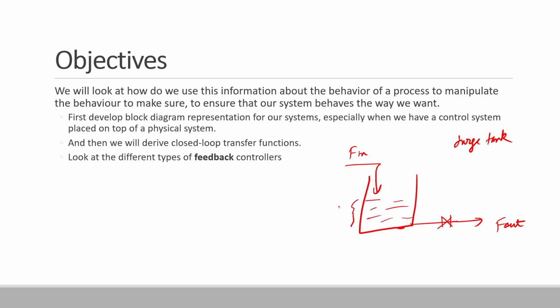If we want to represent this physical system as a block diagram, that is what we will be studying from the control perspective. After that, we will derive the closed loop transfer functions of the given block diagram, and then look at different kinds of feedback controllers.